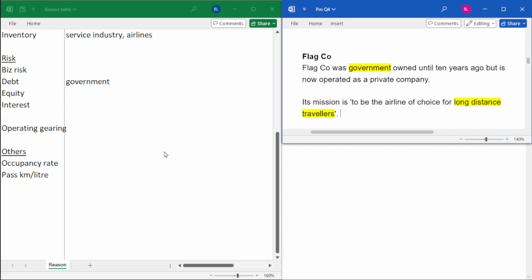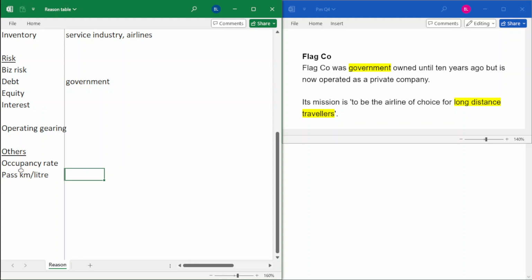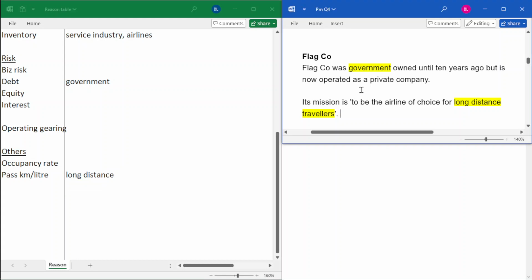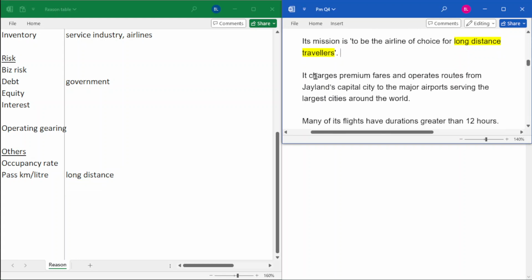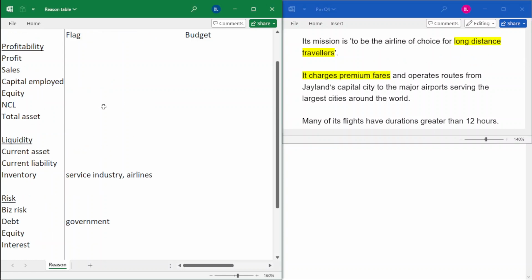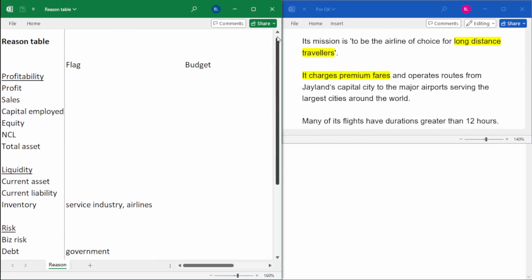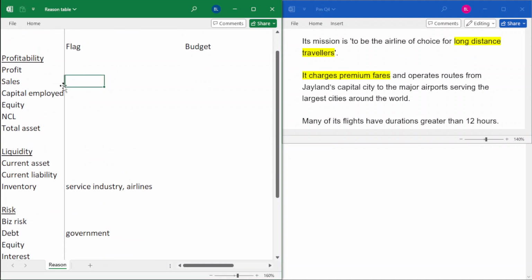Long distance, maybe I can put here under passenger km. So I put here long distance. It charges premium fares. Charging premium fares means you charge at a high selling price, so I put inside the sales here.